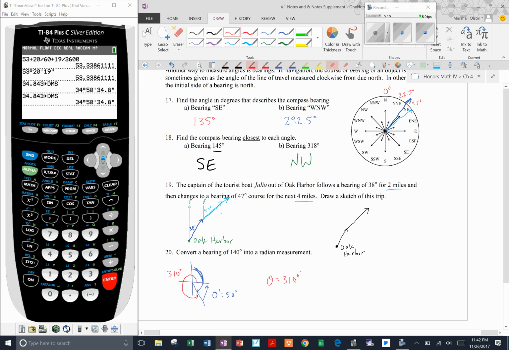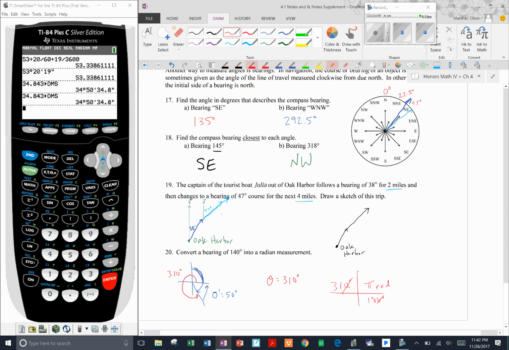That's kind of the most important step here, is figuring out what you are in standard form first. Now we can convert that to a radian measure. So 310 degrees, to convert to radian measure, we want pi radians over 180 degrees.